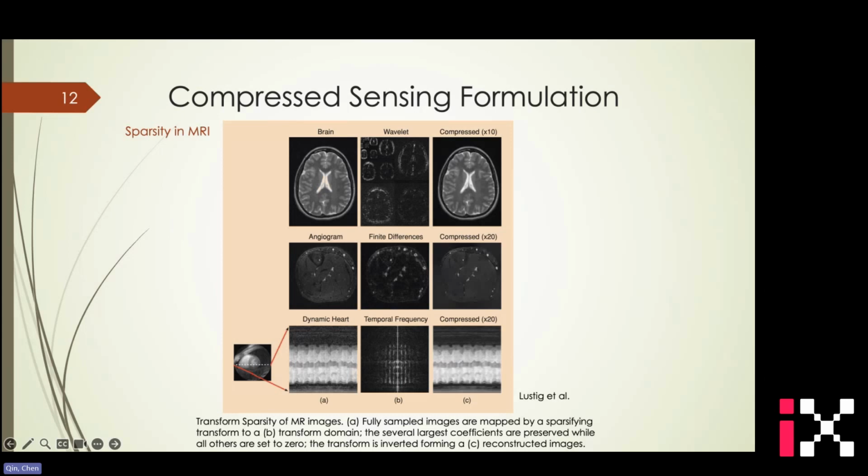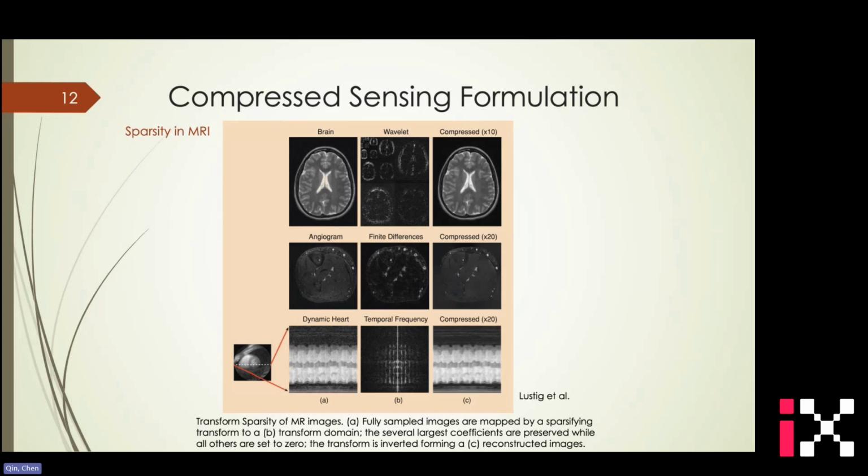If we zero out most of the signals in column B and then reconstruct the image back, that is what we get in column C. So basically, we can exploit the sparsity of the signals in these transform domains to perform the reconstructions. That is the core idea of compressed sensing formulations.